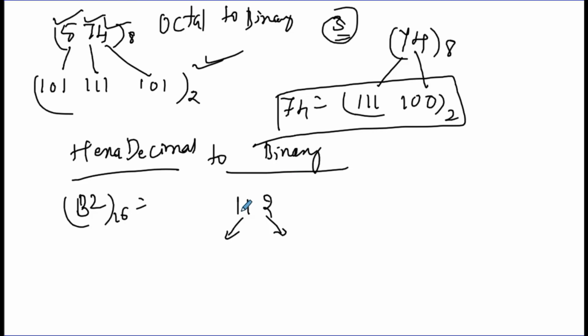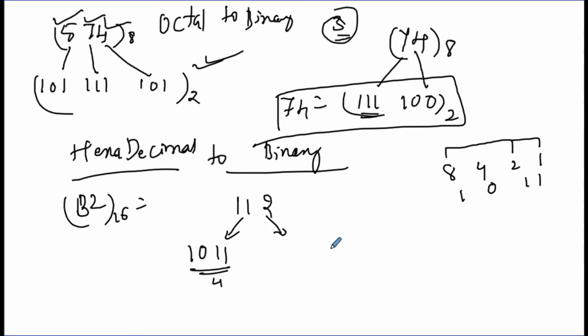How to write 11? I told you 1, 2, 4, 8. If you want 11, we have to add 8, 2 and 1, that is 1011. Write this 1011, and always the digits should be 4 in this case. Total 4 digits should be there. Here 3 digits was there, correct?